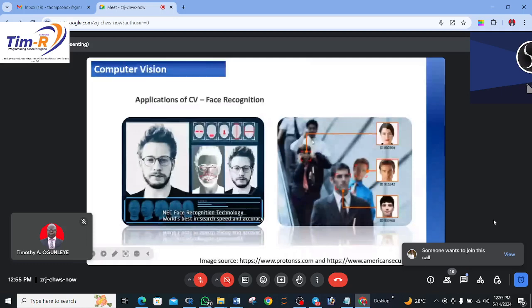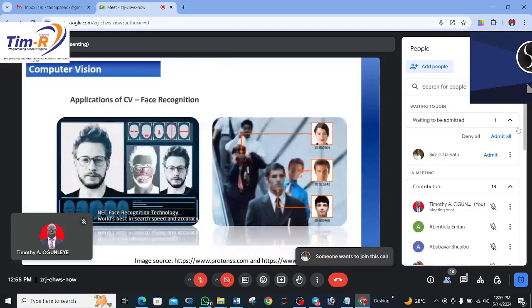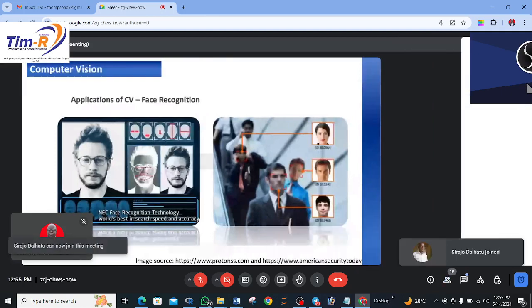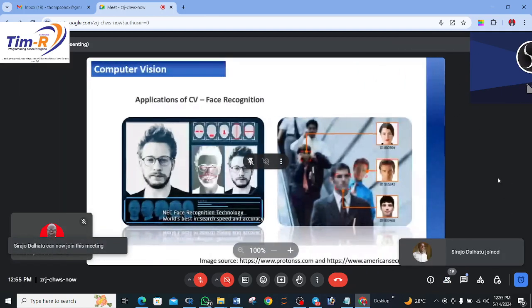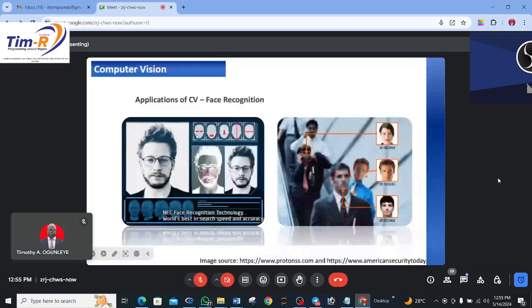So now it's much easier if, let us put it this way, the police department, or let's say the NPF, Nigerian Police Force, have a system with all the faces of almost the whole Nigerian population in their database, whereby we can track someone and recognize a face when it comes up in a mall or in a public place. So we can identify the person. That's face recognition.